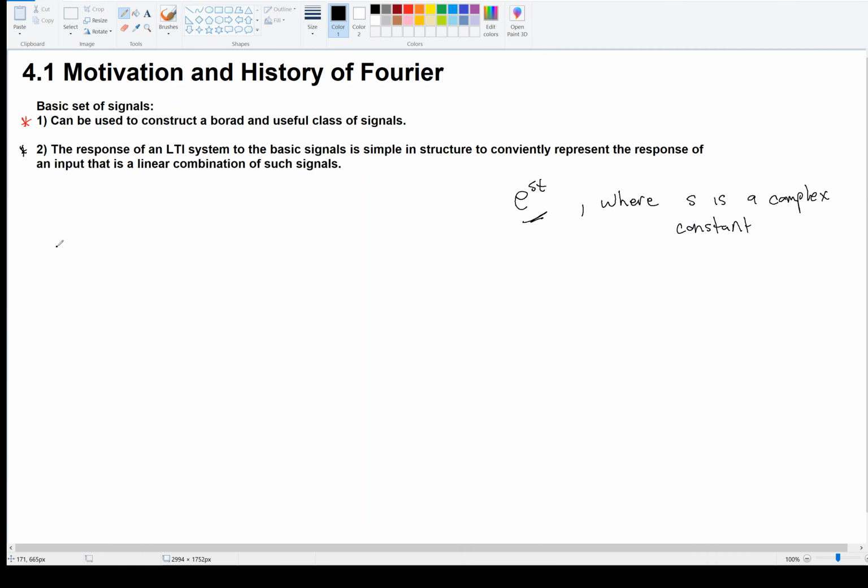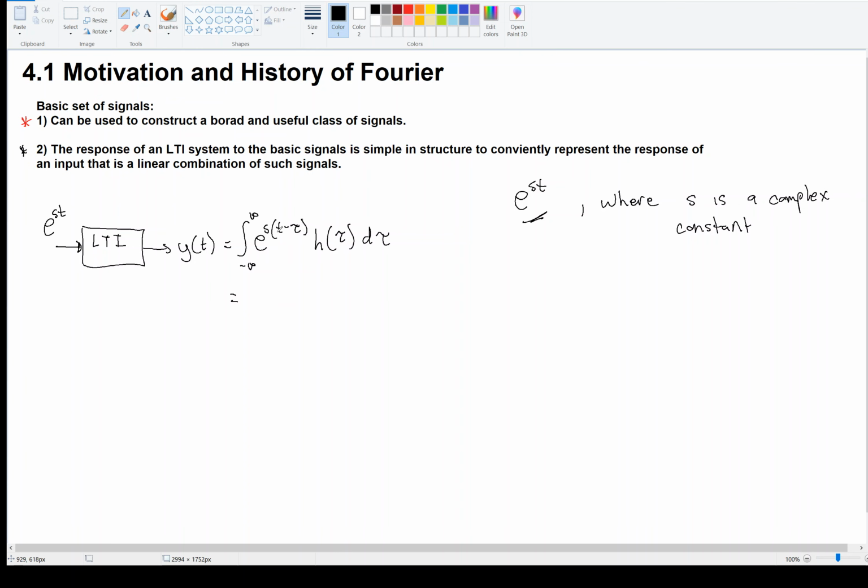Well, let's see what we get out of an LTI system when we put in a little complex exponential. Well, what do we get out? We get out the convolution of the input with the impulse response. Okay, so what?